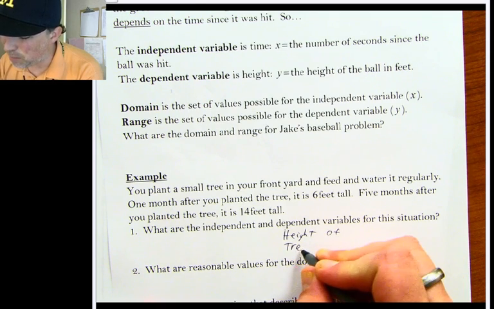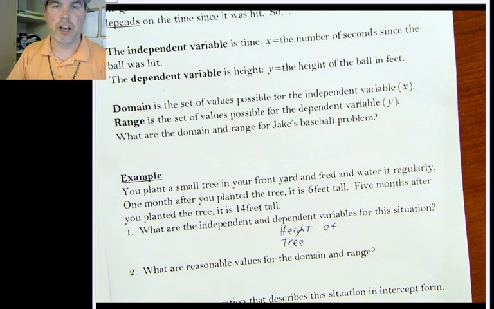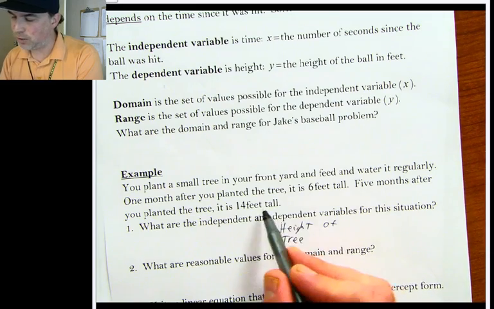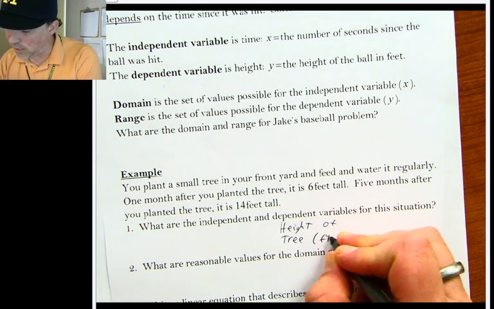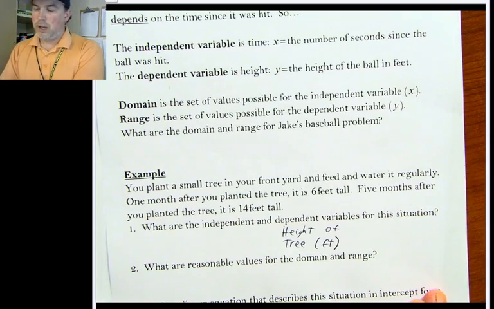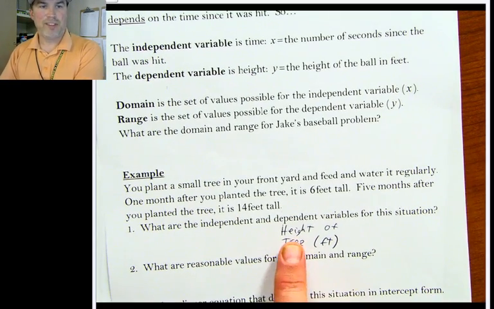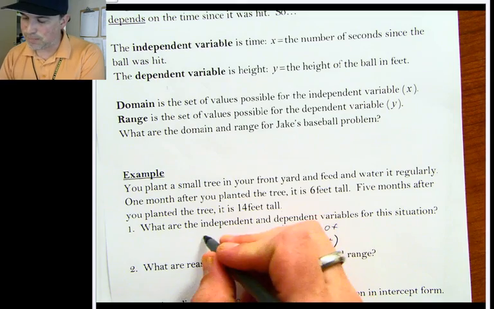Now, whenever you're talking about height, how are we measuring height? Are we talking inches, feet, miles? I don't know, so you've got to label it. In this particular case, it looks like we're talking about the height of the tree in feet, so you should label it in feet. Now, the height of the tree depends on the amount of time that has passed.